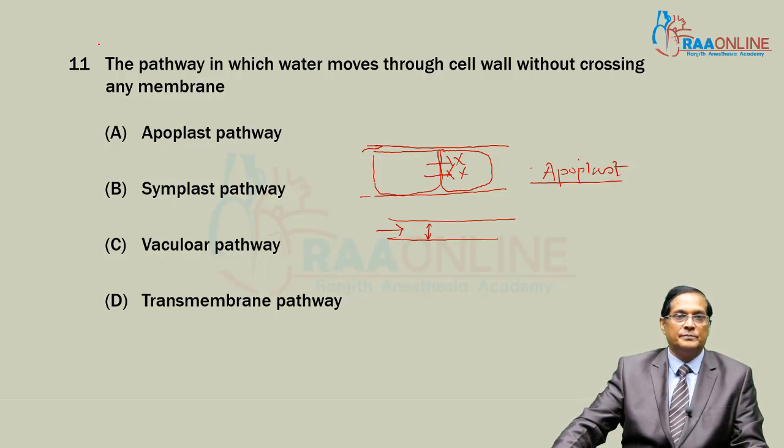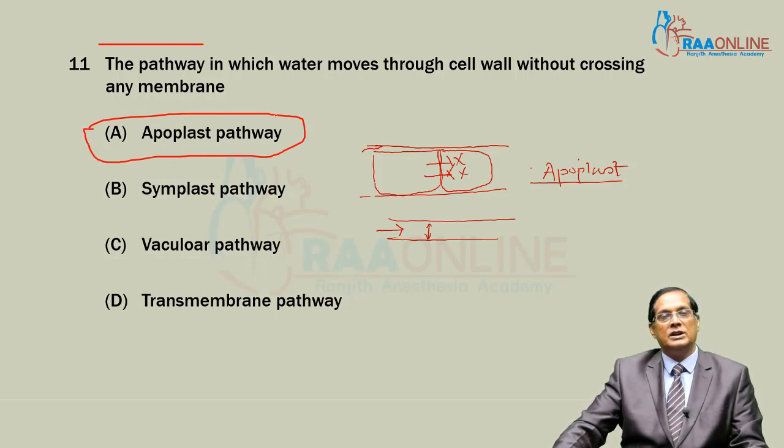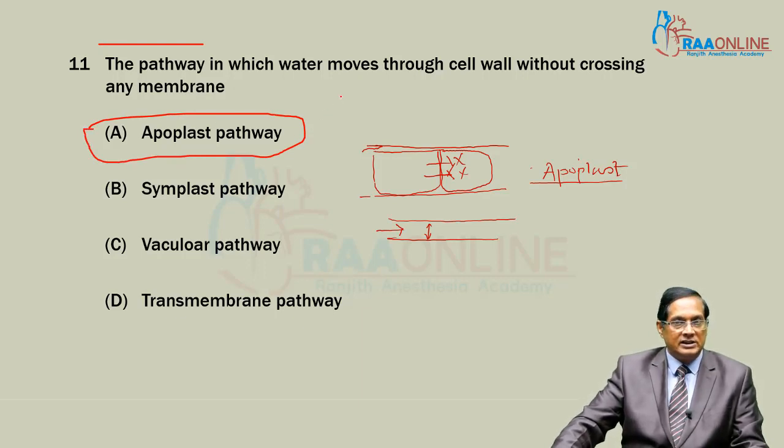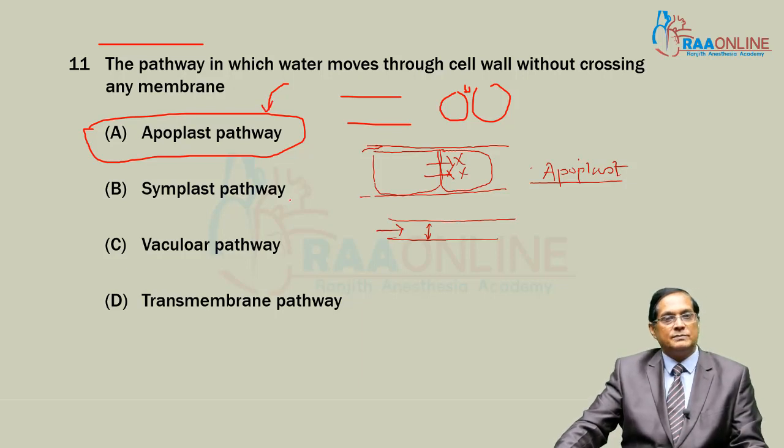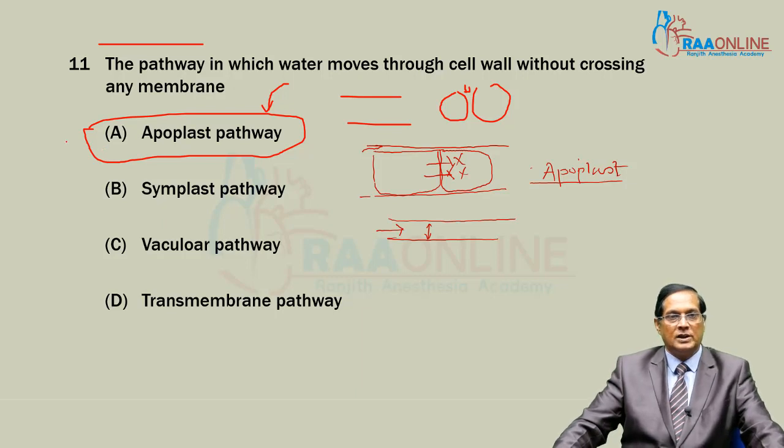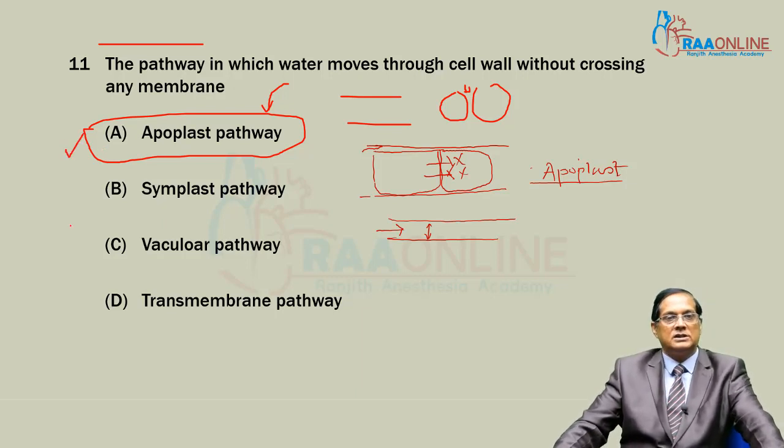Water moves through non-living space only, that is the space between cell wall and membrane, and second, the space between the two cells, that is intercellular space. When it crosses membrane, then it is symplastic. So question number 11, answer is A.